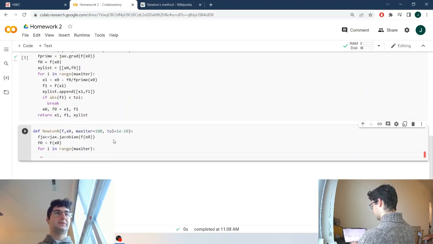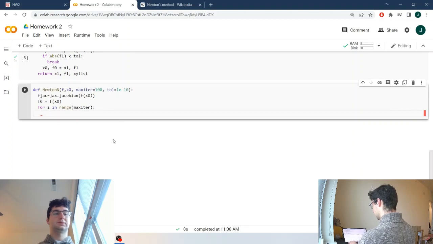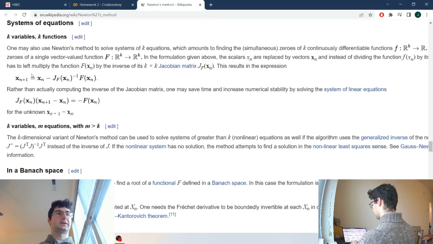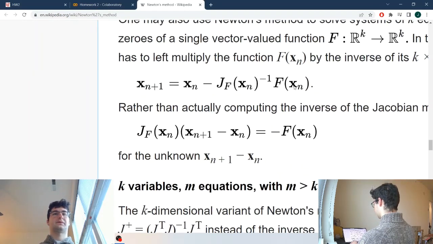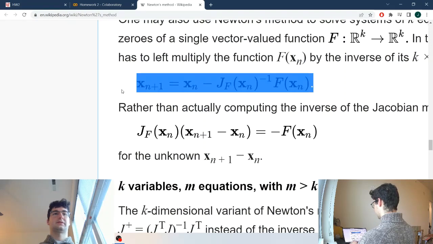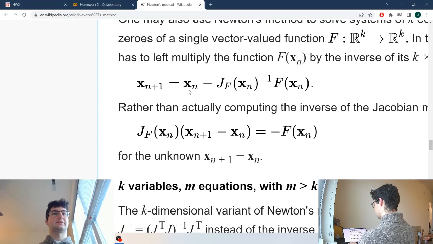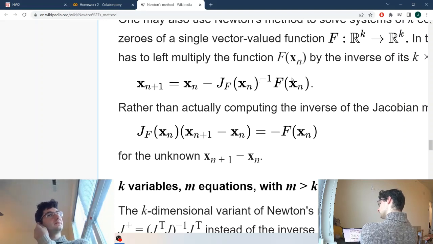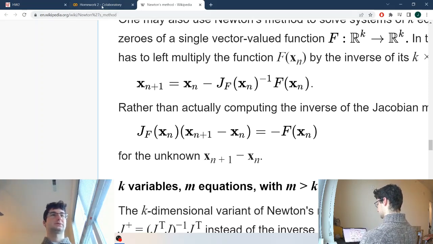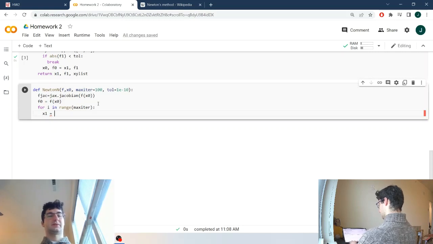So let's jump into our for loop. What do we want? This is where we're going to apply this expression here. So x1 equals x0 minus the inverse of the Jacobian times the function evaluated at x0.